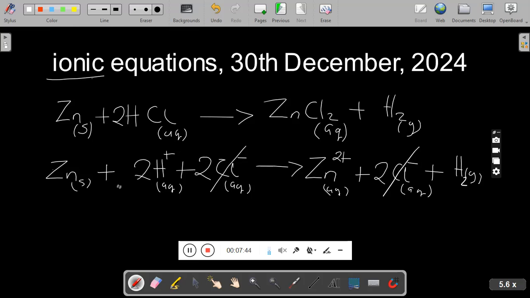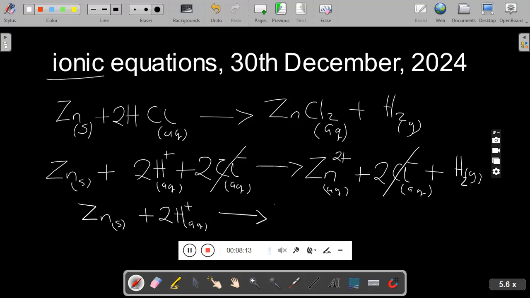So we can now rewrite this equation as zinc metal, so zinc solid, reacting with these 2 hydrogen ions here, so 2 hydrogen ions positive, and we put the state symbol aqueous, and the product, so this one we will not write it, we forget about it, it was removed.